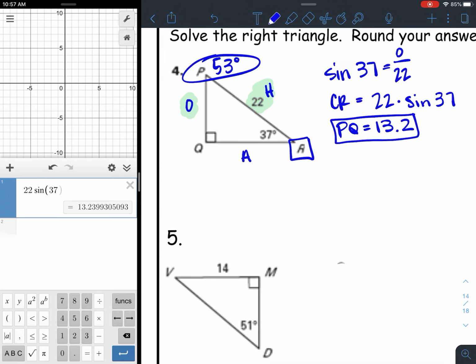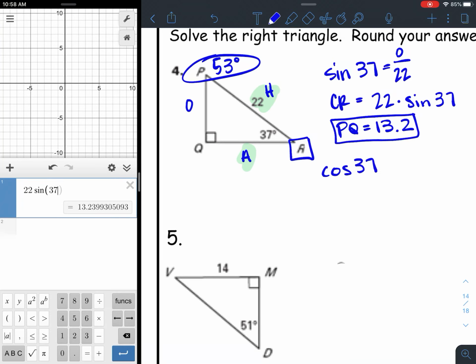And then let's go ahead and solve for the adjacent. You can use Pythagorean theorem, but again, I would persuade you not to use something rounded like that 13.2 to then go on and find that side adjacent. So if I'm looking at the side adjacent, I now have the adjacent and the hypotenuse. So I'm going to use cosine.